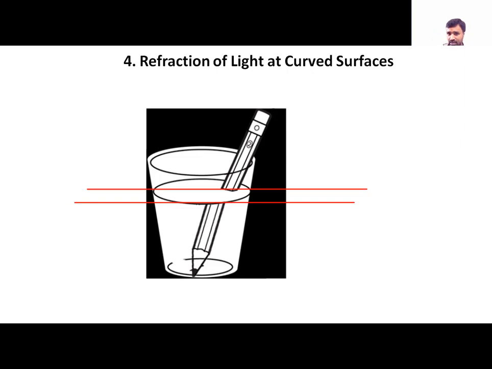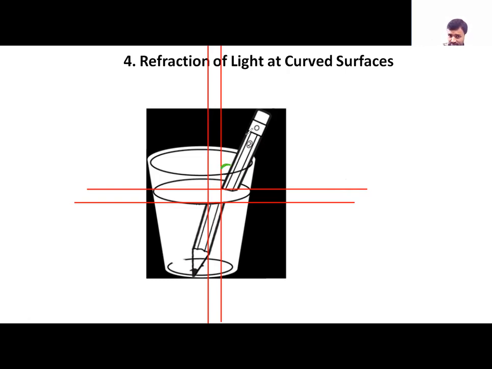Now I am drawing the normal above the interface and one below the interface. Where do you measure the angles here? The angle is measured in the upper part, between the normal and the pencil.